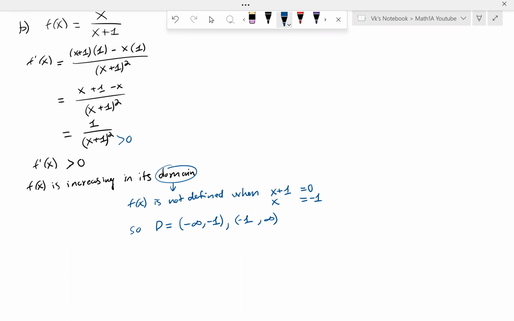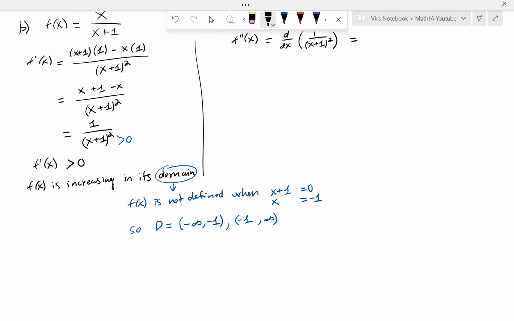We know it is increasing, but how does the function increase? That is when we look at the second derivative. f double prime of x is the derivative of 1 over x plus 1 squared.